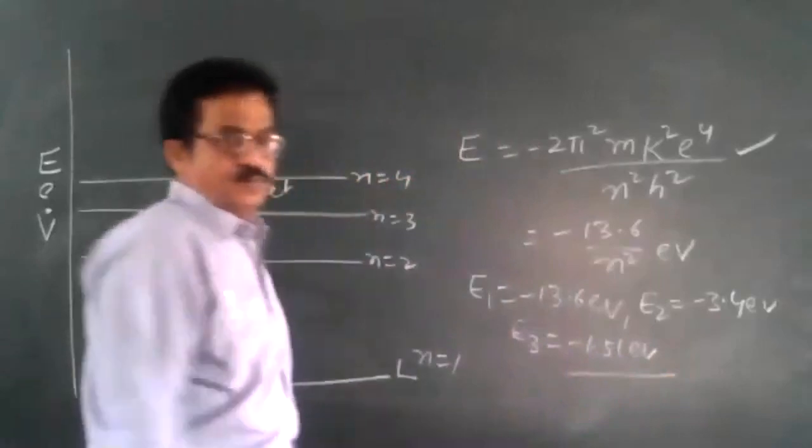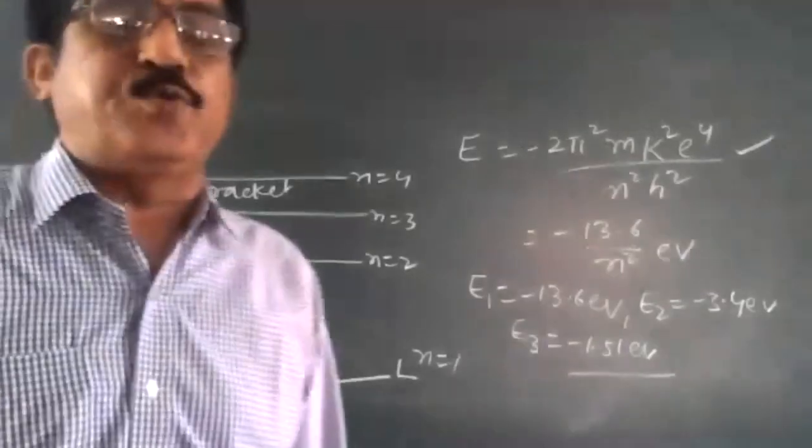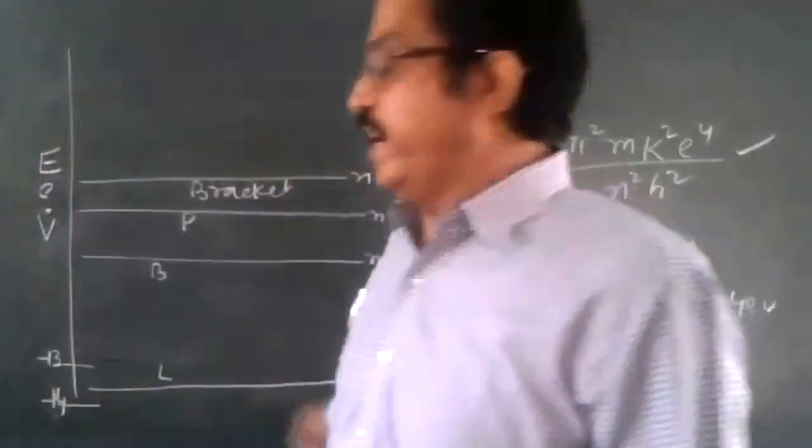These are the different values. So in the Lyman series, it is in the range between minus 14 to minus 13.